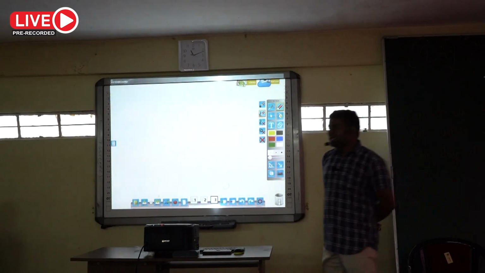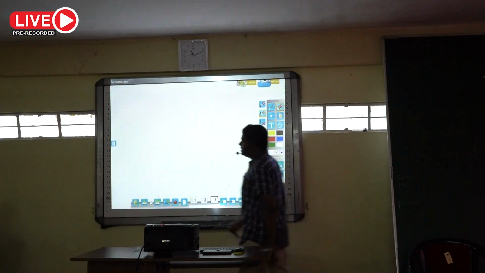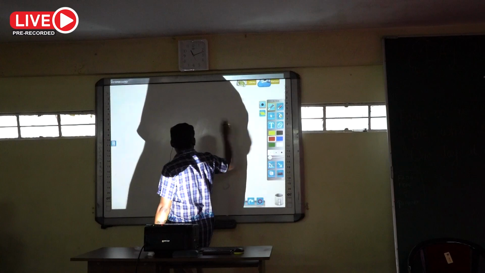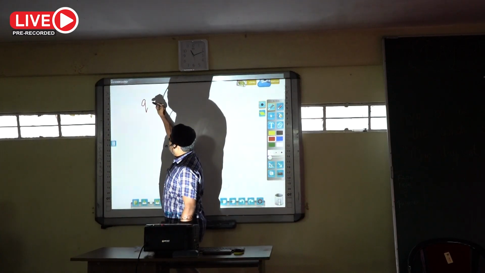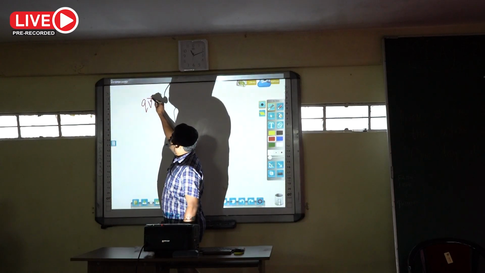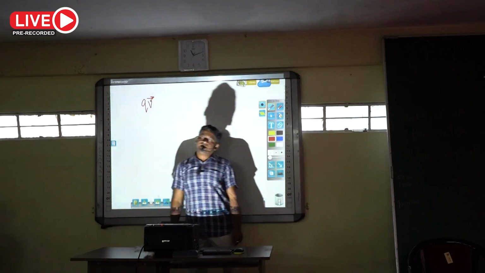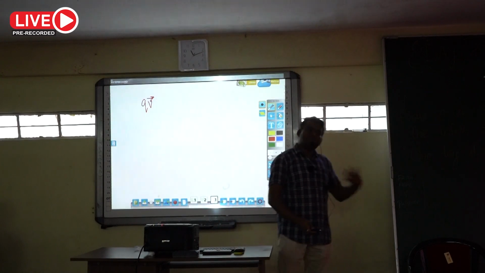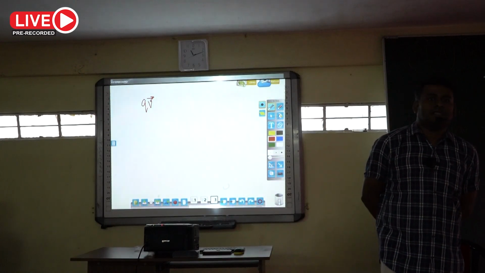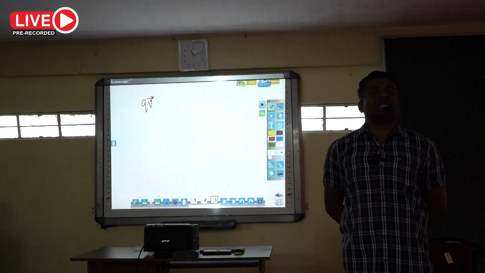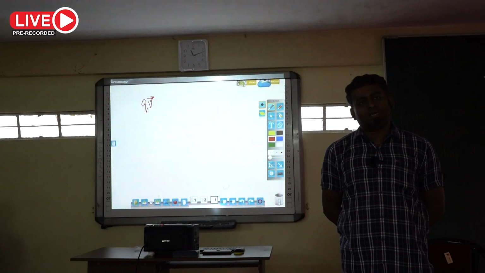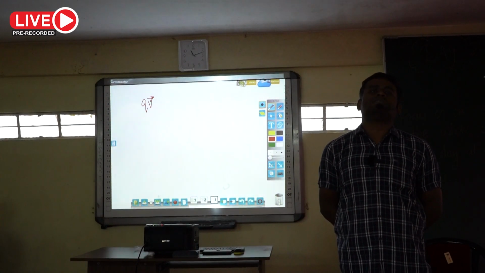In case of a moving charge, I can consider a charge q moving with a velocity v. This one can be considered as a moving charge, charge in motion, q into v. Now check, what is the origin of electric field? Electrical charge, that is q, that is a scalar quantity. But the origin of magnetic field is not a scalar quantity.